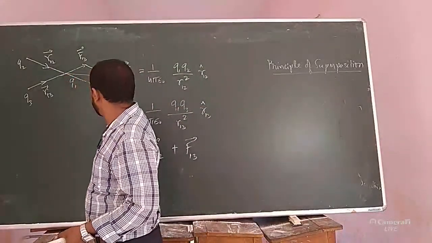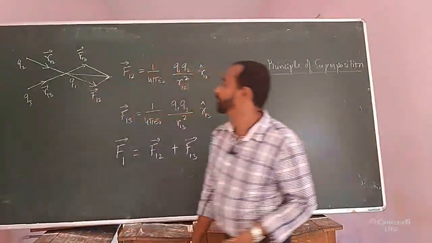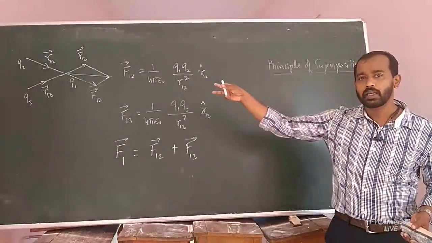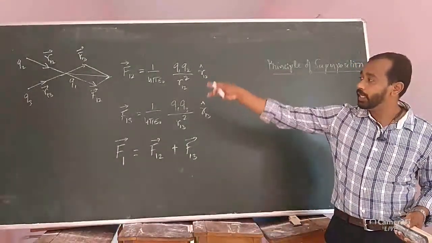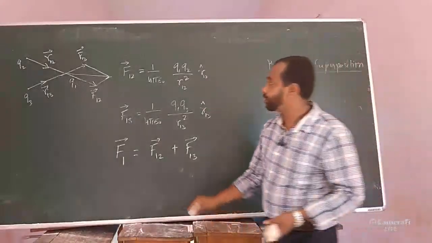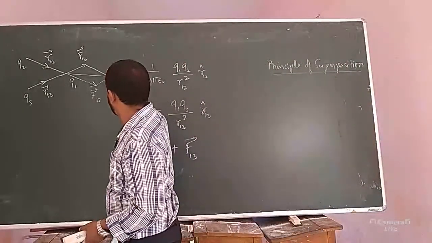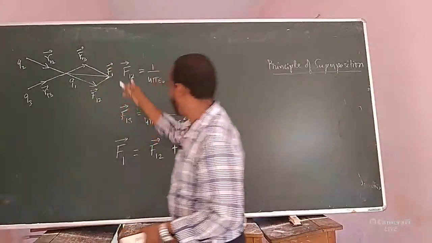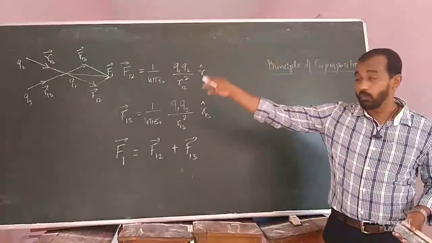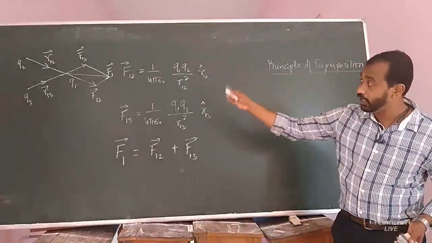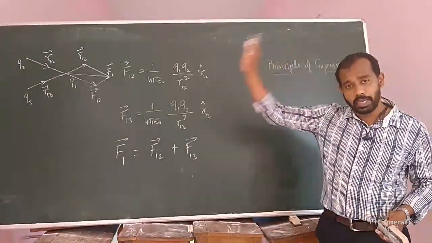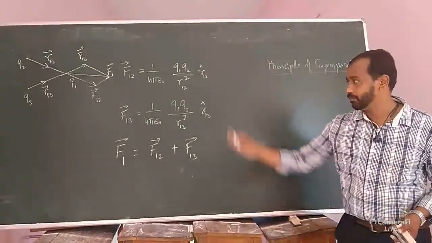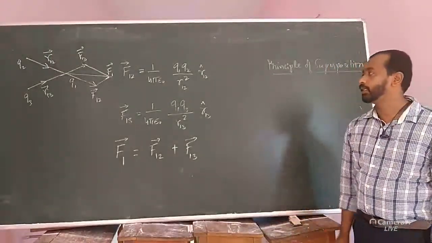So that diagonal is this one. This diagonal is representing the vector sum of F12 and F13, which is represented as vector F1. It is representing the vector net force acting on the charge Q1 due to the charges Q2 and Q3, both in magnitude and also direction. Net force. So that's the condition.